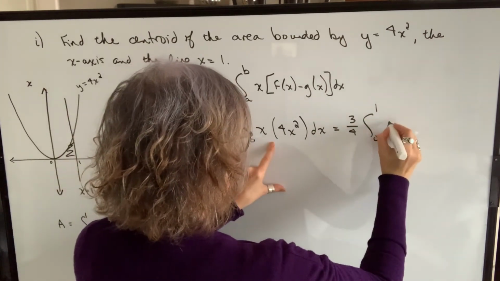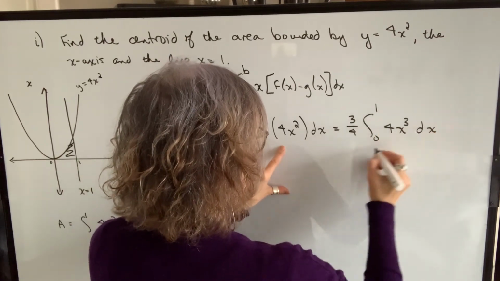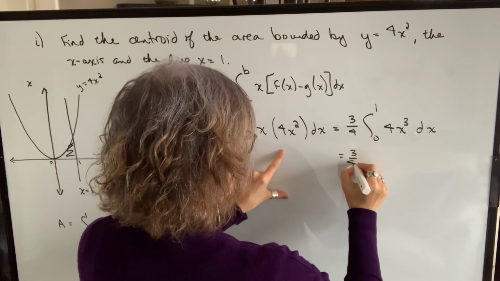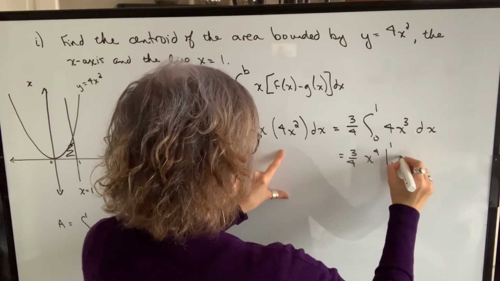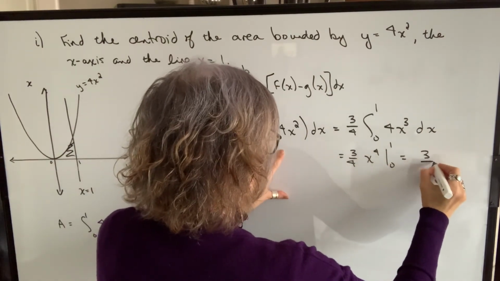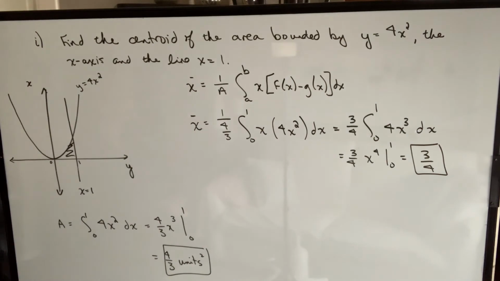Let's simplify this before we integrate it, so it'll be 4x cubed dx, and that will equal 3/4 times x to the 4th. Put a 1 in, and I get an x-coordinate of the centroid as 3/4.